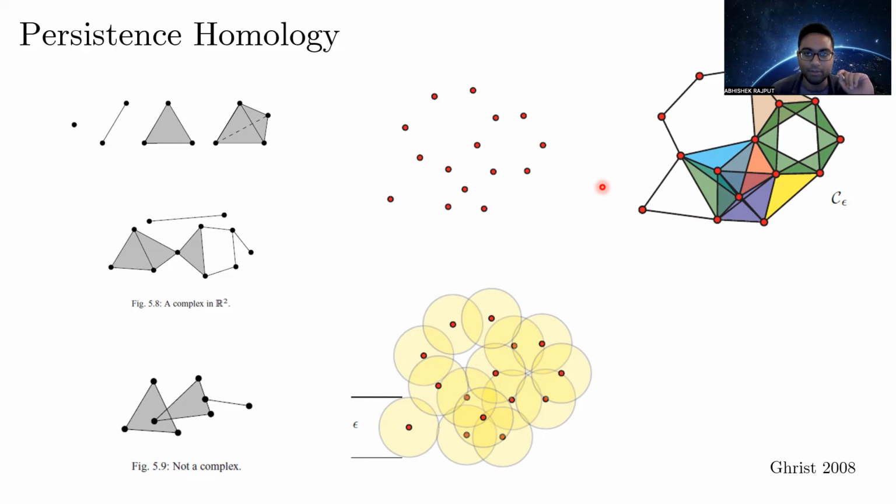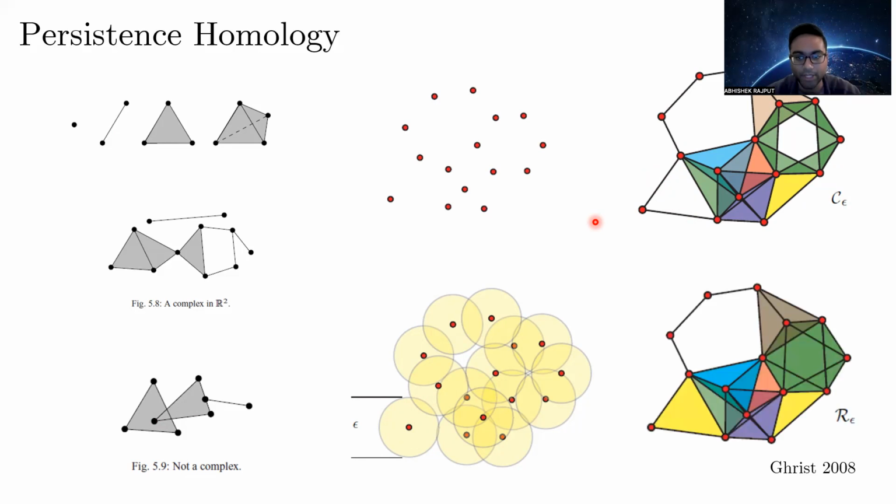However, as some of you might be able to intuit, this is computationally intractable to determine for large data sets, because it requires you to take a very large number of data points to determine if they all mutually intersect. So what people instead do is construct what's called a Rips complex, R for Rips.